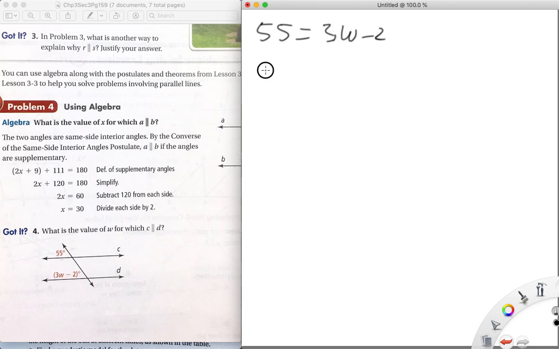Add 2 to both sides. 57 equals 3W. I don't like the number that's going to come from that. Yeah, that's correct. Divide both sides by 3. Oh, I guess W equals 19 degrees.